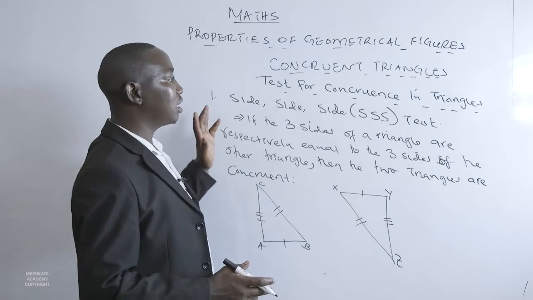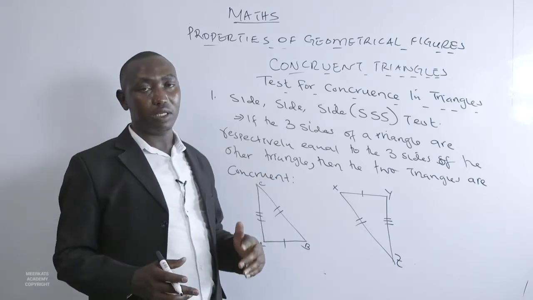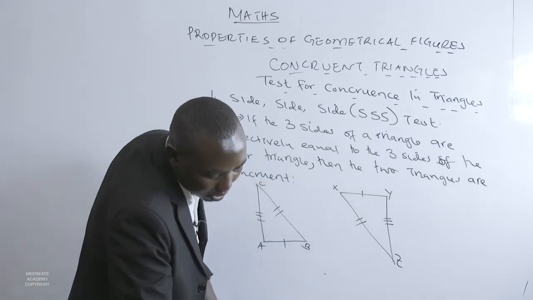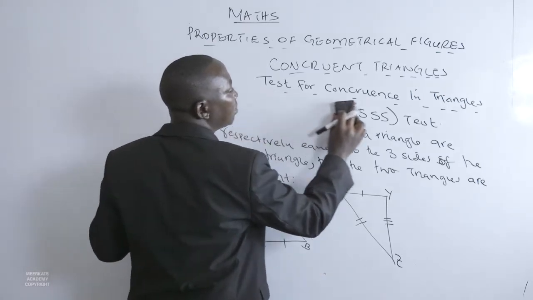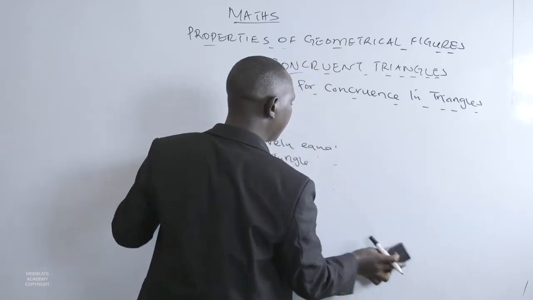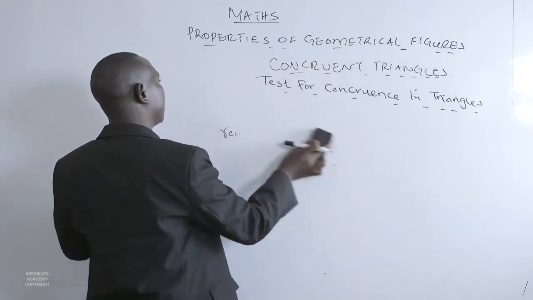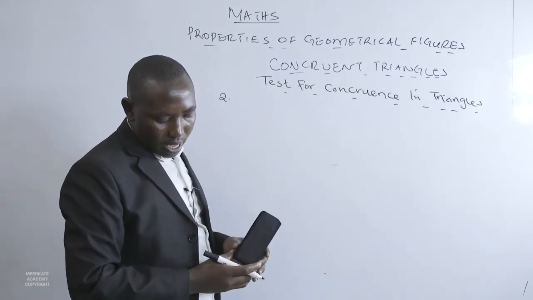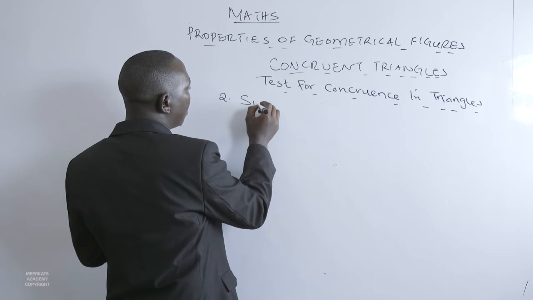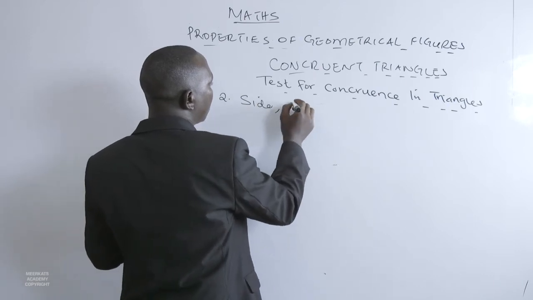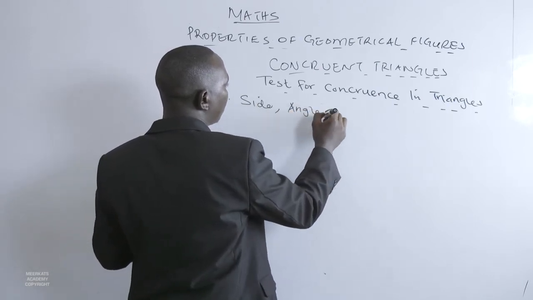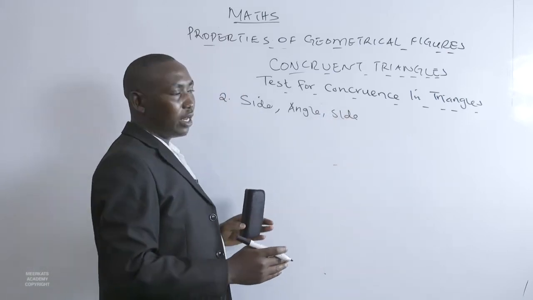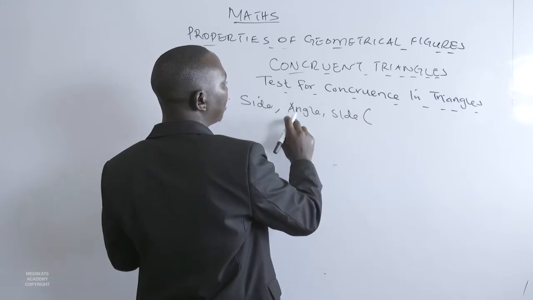And that is the first test for concurrency in triangles, the side test. The second test is the side-angle-side, in short, SAS.